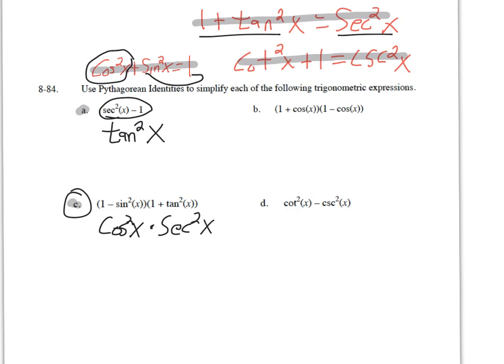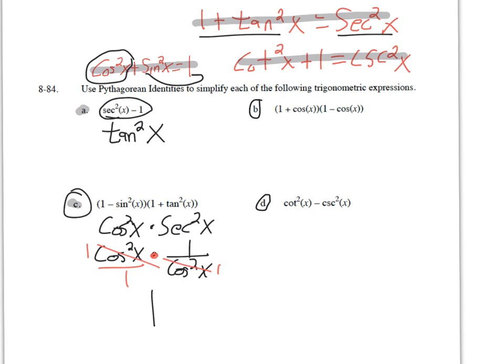Now secant is the same as 1 over cosine. So cosine squared x times 1 over the cosine squared x. Thinking about this in terms of fractions, those cancel. I really have 1 over 1 times 1 over 1, or just 1.